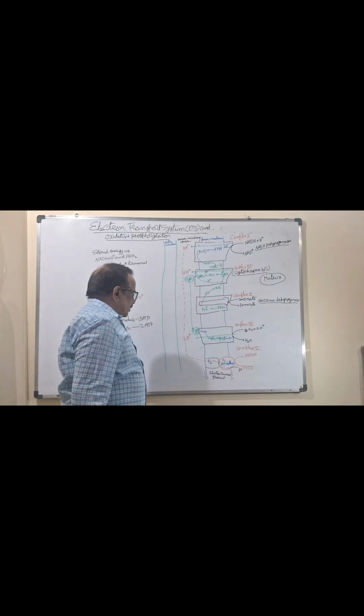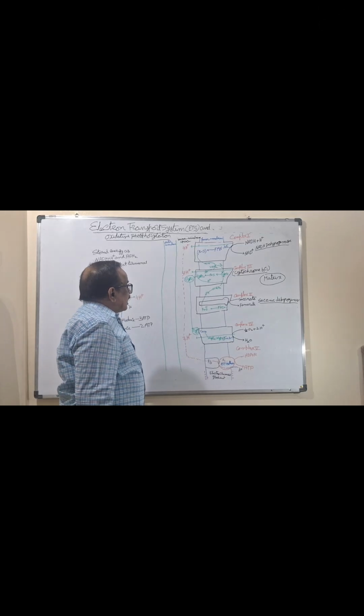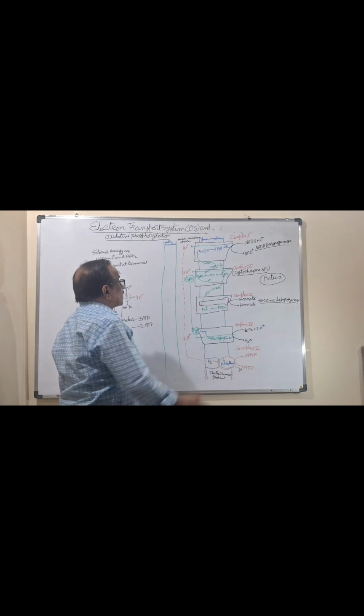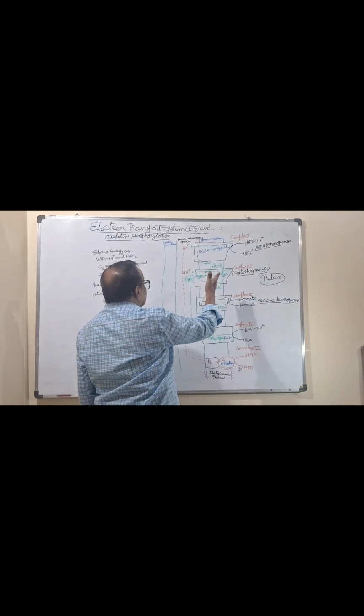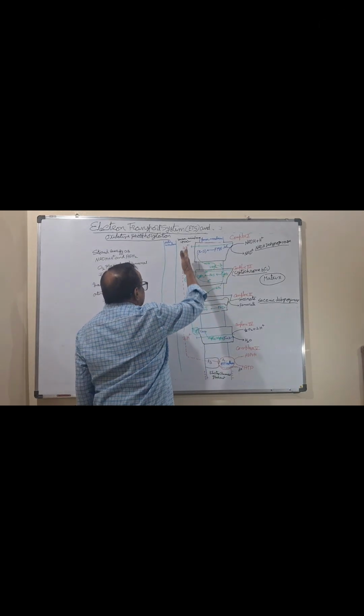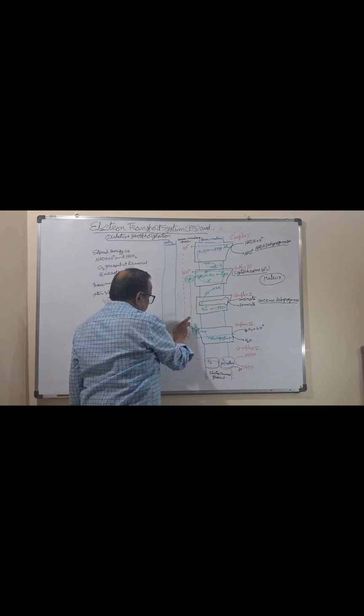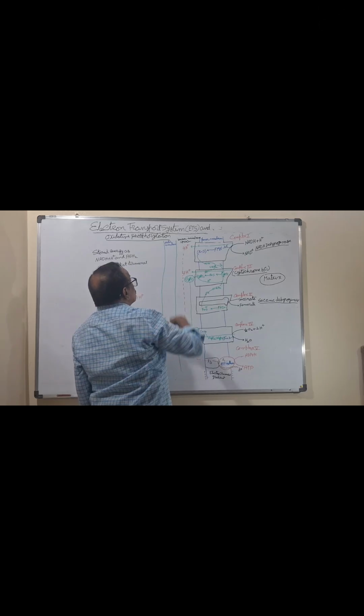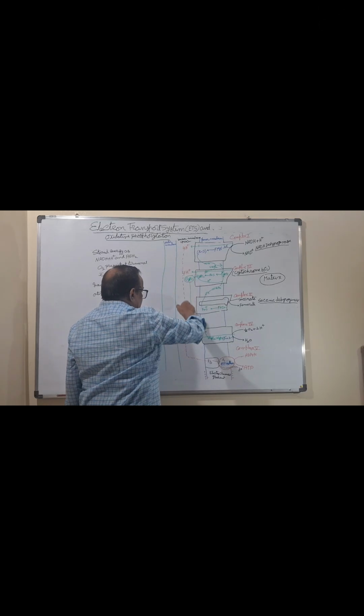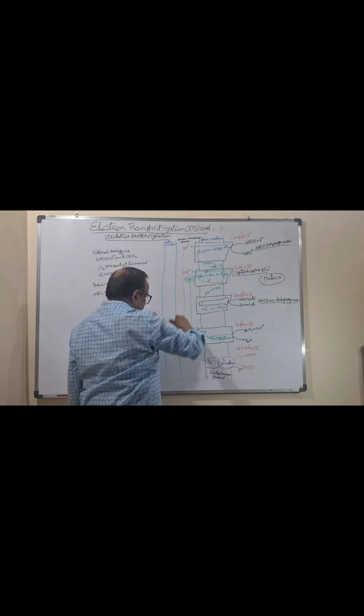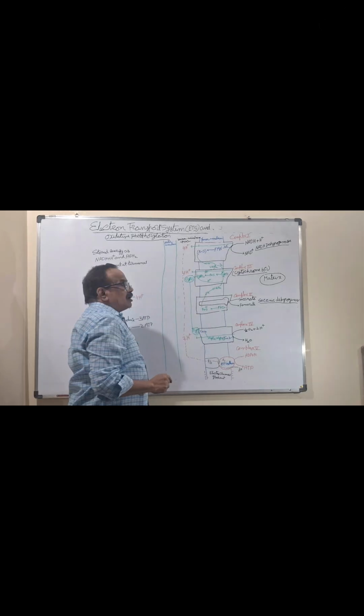So H2O is formed. Now what we have learned up to now is that complex 1 and complex 3 are pumping the protons into the inner membrane space of the mitochondria. So the inner membrane space is filled with many protons.